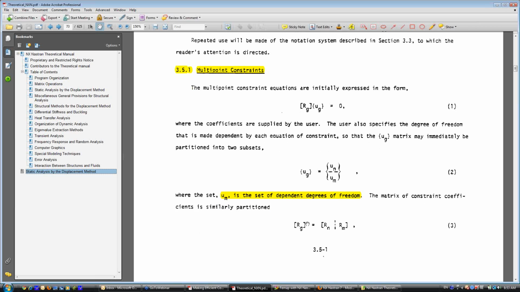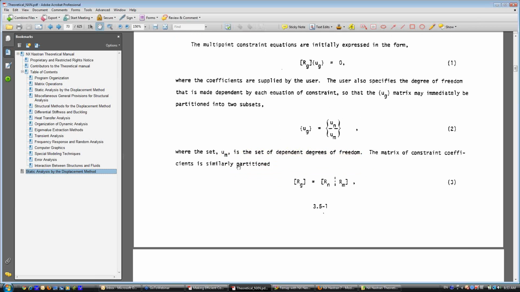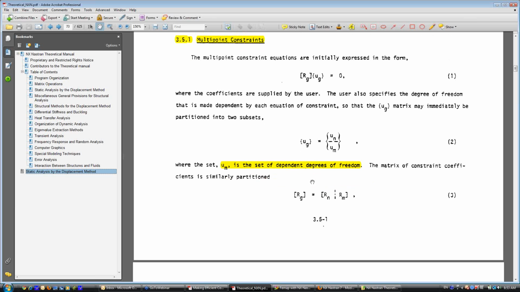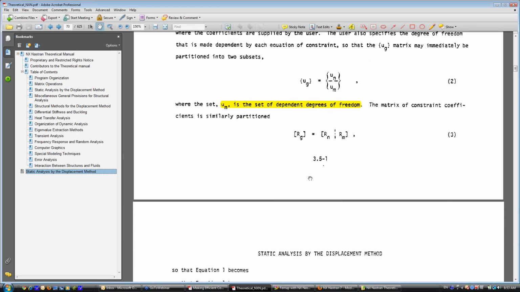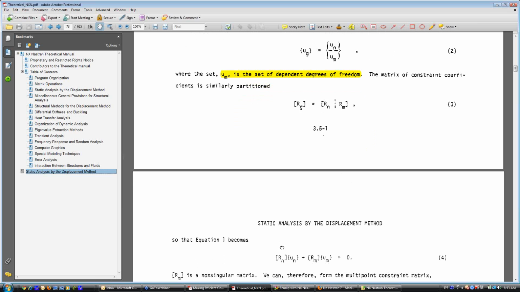And the dependent degrees of freedom can be removed from the matrix because they're defined by the independents. So this relationship is so mathematically, heck, if you're dependent, you don't need it. That's why it's dependent. You can remove them from the matrix. You can write a formula to define one in the form of the other. And that is what this math is going through.